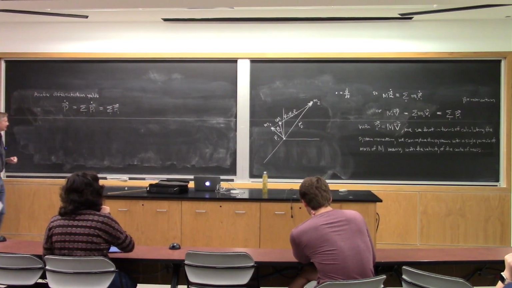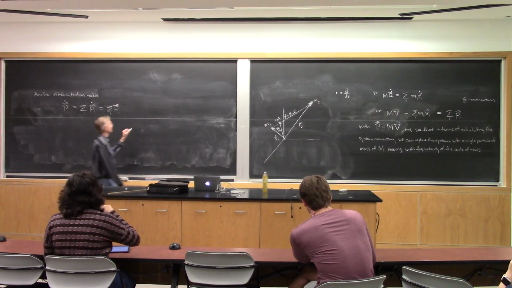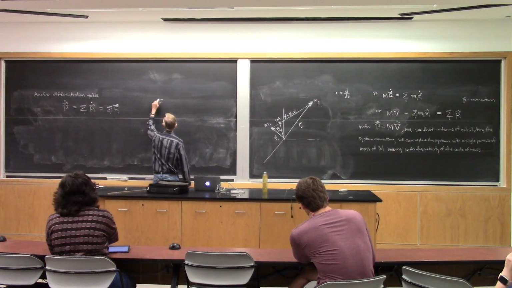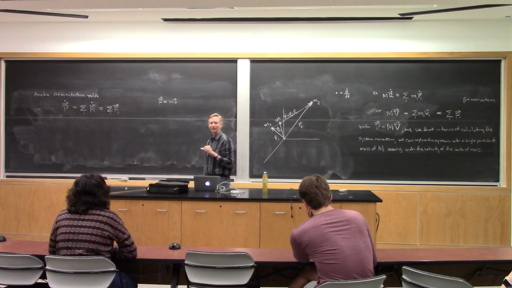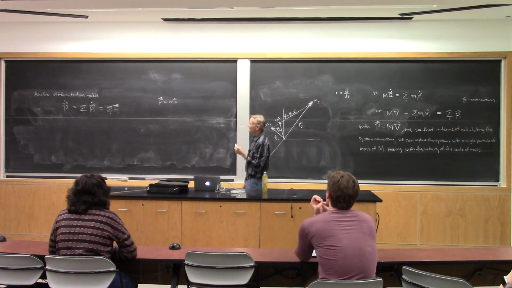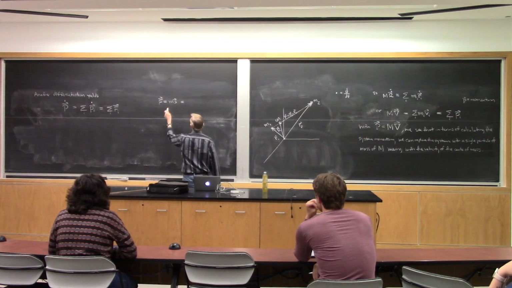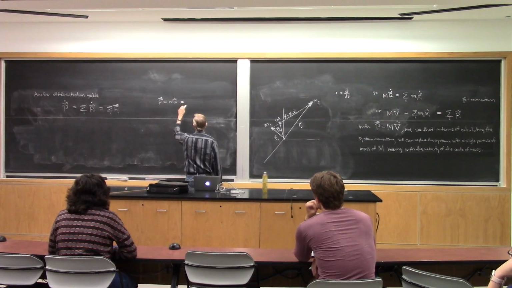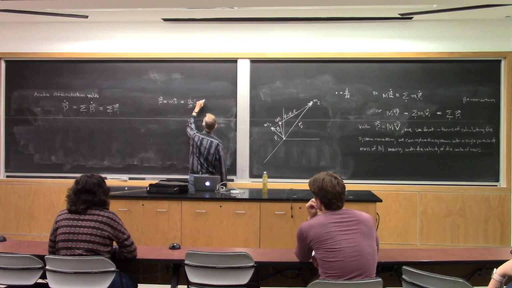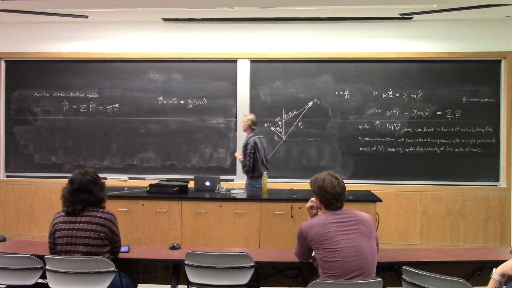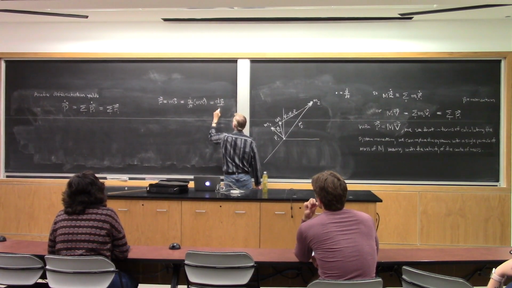So P dot equals the sum of the forces on all the particles, right? F is ma, and that's how you always hear it, but it's really better to think of it as d/dt of mv, because a is dv/dt, so that's dp/dt.